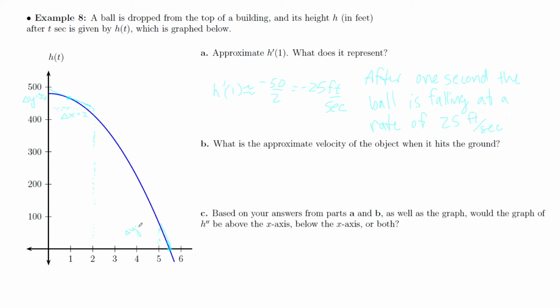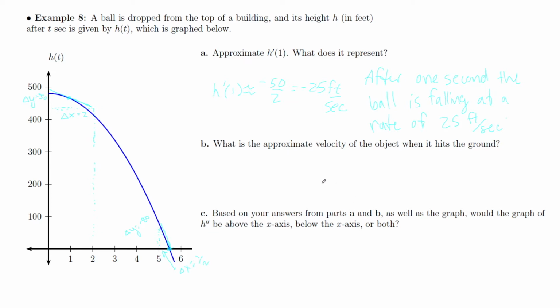That looks to be about a height of maybe 80, and then it falls down to 0. So I'm going to call that change in y negative 80. And then this seems to cross around 5.5, so I'm going to call my delta x in this case 1/2.